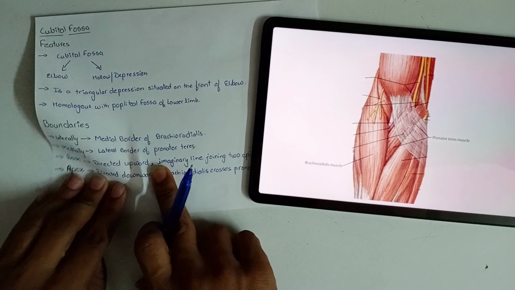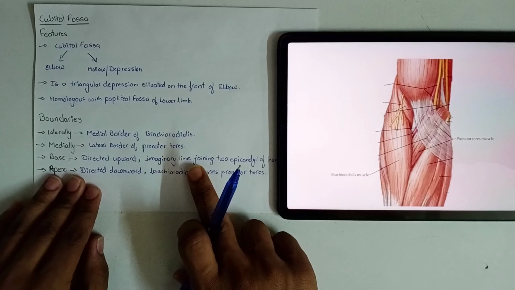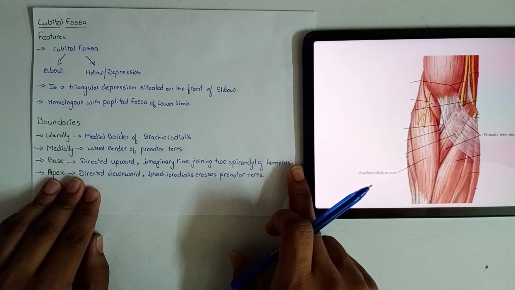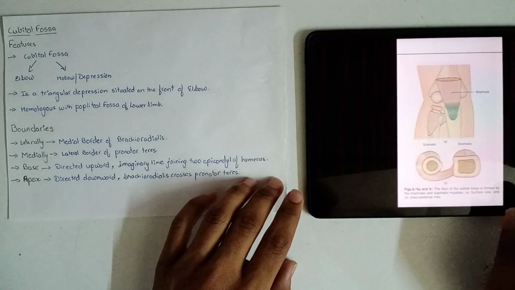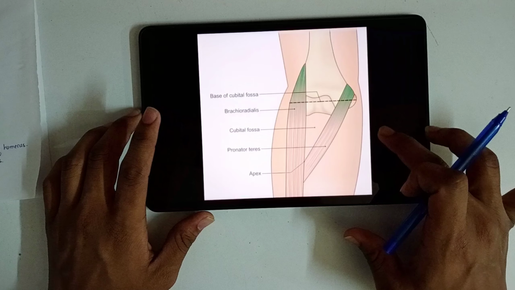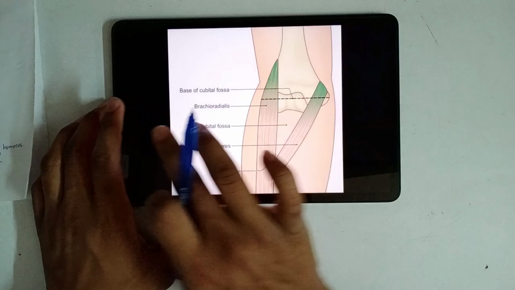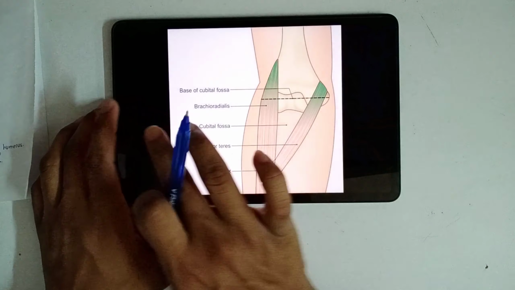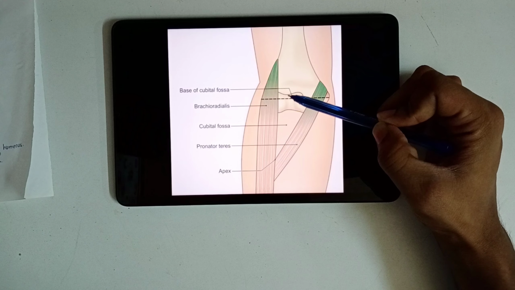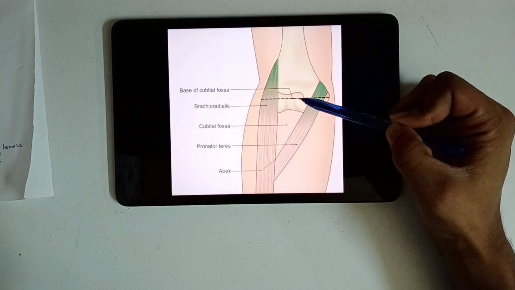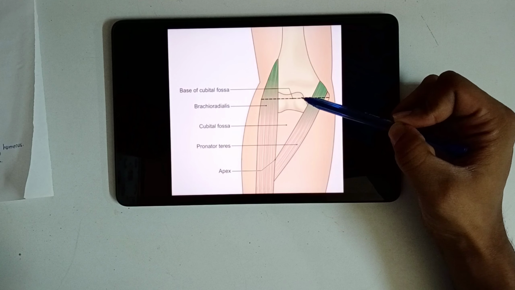Base directed upwards. Imaginary line joining two epicondyles of humerus. From this, it would be more clear to you. This is the base of cubital fossa. Same here, this is the lateral side, this is the medial side. Base is formed by an imaginary line joining two epicondyles of the humerus. This is the humerus.